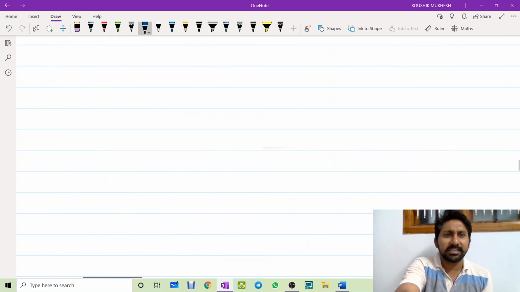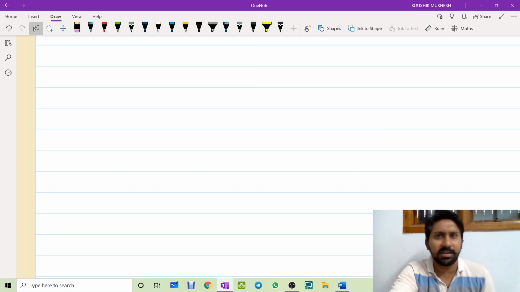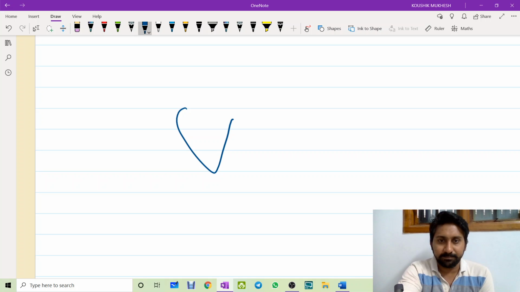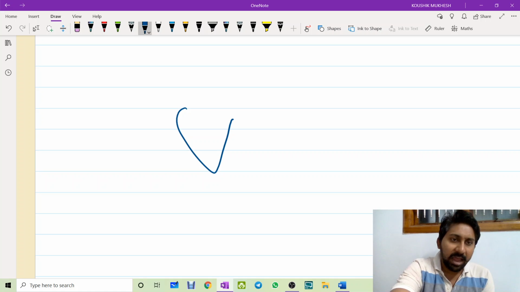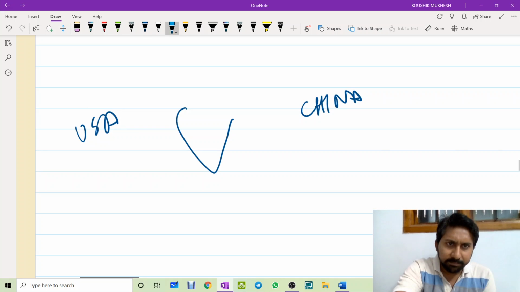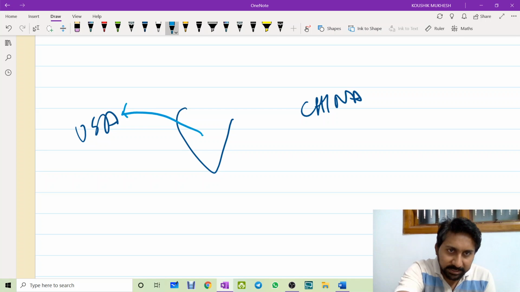What is the general meaning of the term export? For example, let us take India. Believe that this is India. Yesterday also I told you I'm very bad at drawing this, but take this as India. Another country is USA. Another country is China. Example, I am sending goods to USA.